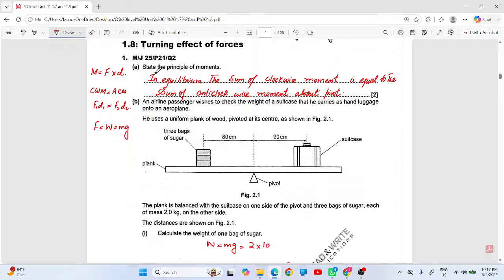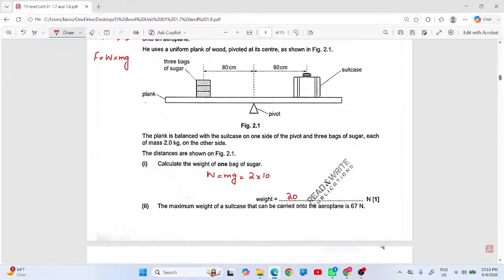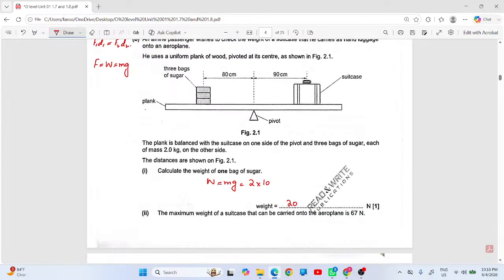Now, students, the first question was: state the principle of moments. So the principle of moments is: whenever the body is in equilibrium, the sum of clockwise moment is equal to the sum of anti-clockwise moment about the pivot. Okay? After this we found the weight.